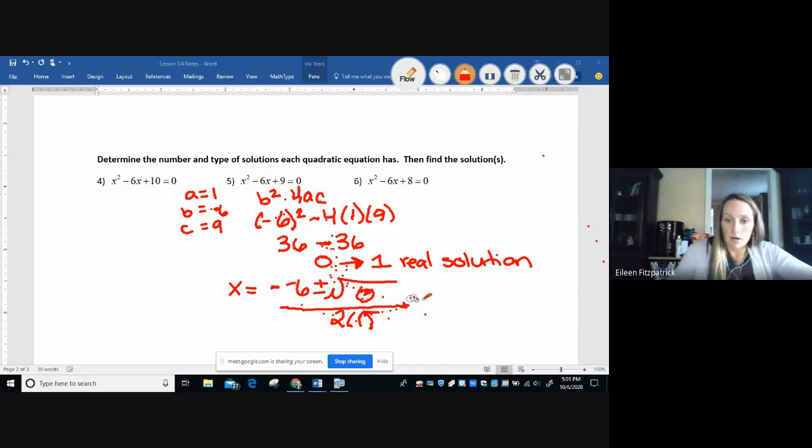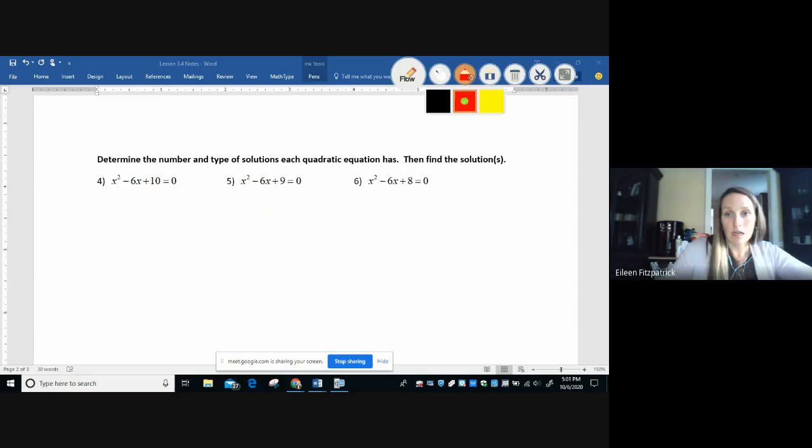All right, so I have a -6 is a +6, plus or minus 0 disappears, that's no longer there, so it's just +6 over 2, and +6 divided by 2 is a +3. So this parabola has one x-intercept, one root, and it is a +3. It crosses the x-axis just at 3, touches the x-axis at 3, okay?